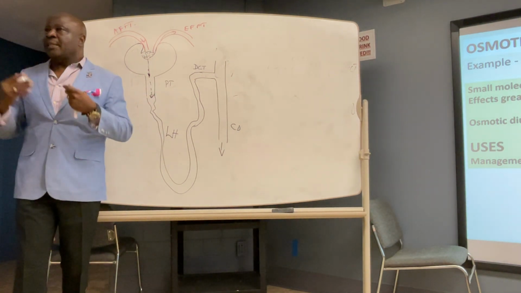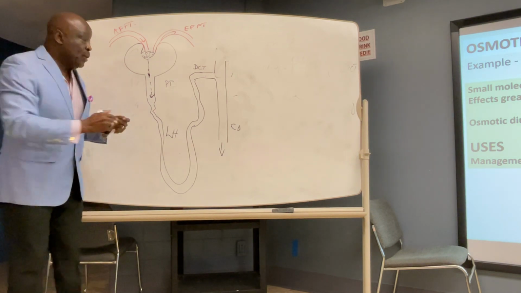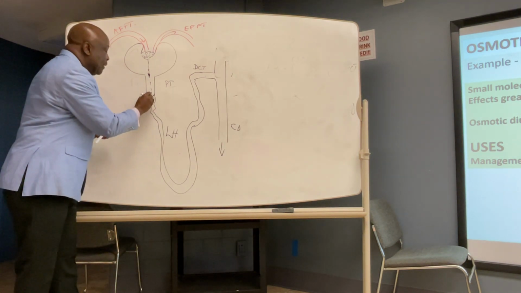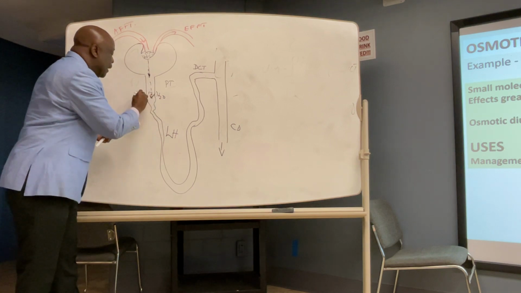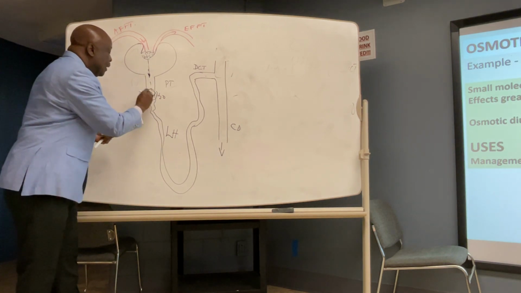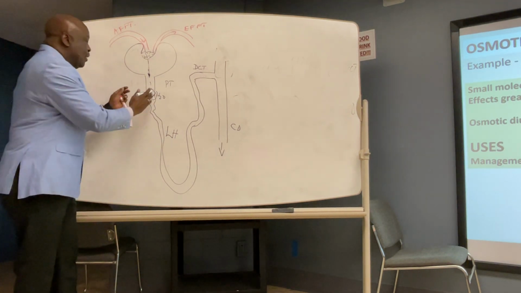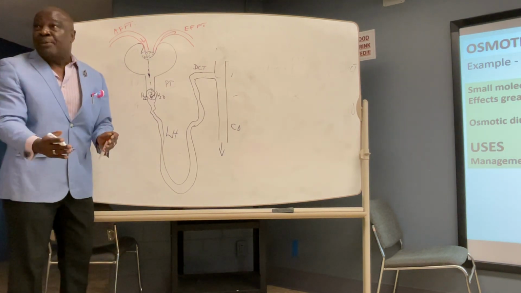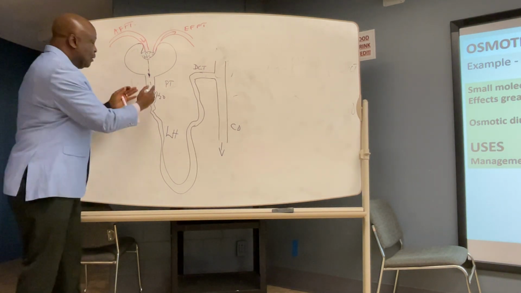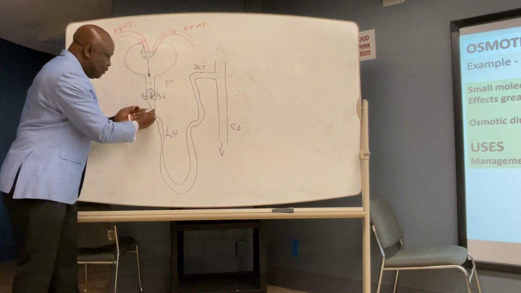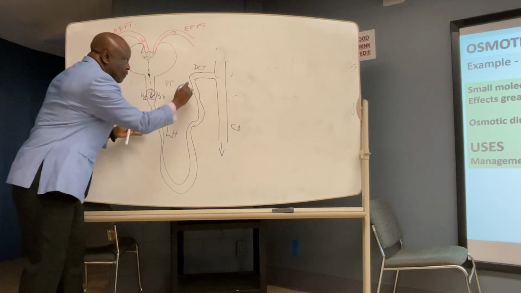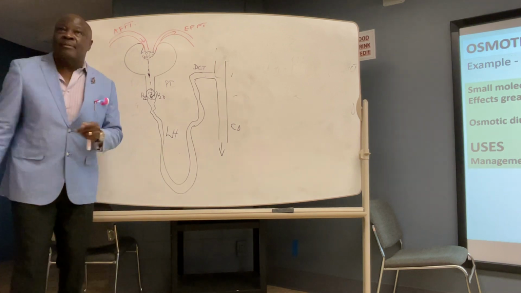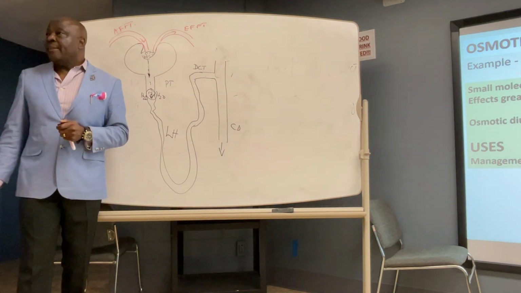It would attract water to itself. So as mannitol sits in here, there's a lot of water around it. So because it's not reabsorbed, the water is not reabsorbed. Okay? So the mannitol now passes with a lot of the water, and that's how you get osmotic diuresis.